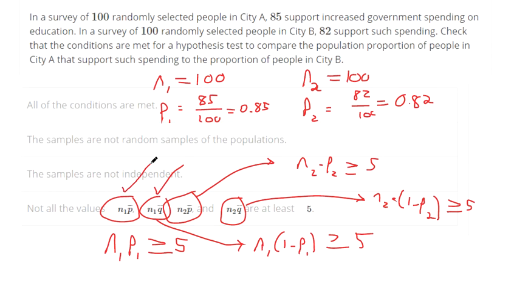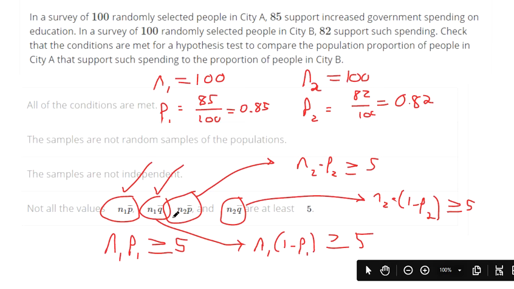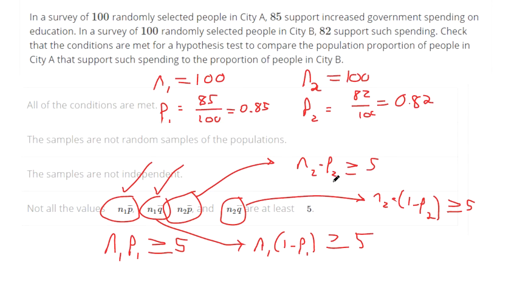So this condition's checked. N2 times P2, the little numbers must be lost when I copy this picture over. N2 times P2 needs to be greater than 5. So N2 is 100, P2 is 0.82. If you multiply those together, that makes 82, and that's greater than 5. So this condition is checked off.